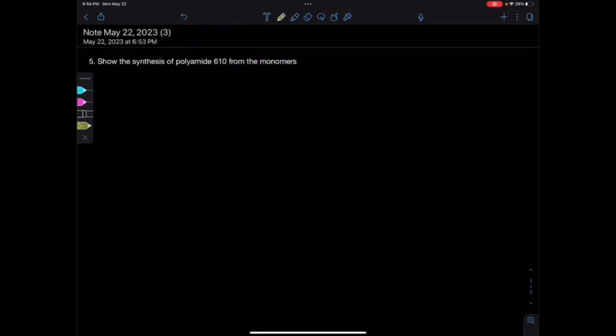Show the synthesis of polyamide 610 from the monomers. So polyamide 610 can be synthesized using a diamine that has 6 carbons and a diacid that has 10 carbons. So the first number denotes the number of carbons in the amine, and the second number 10 denotes the number of carbon atoms in the acid.